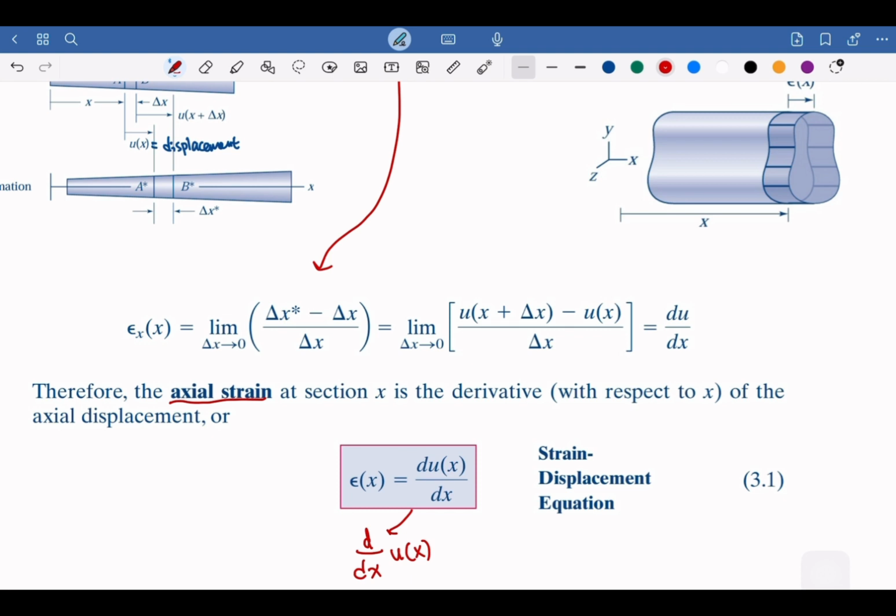If we bring ux as a function of x, then the definition for the strain will be the derivative of that ux. This term is also called the strain displacement equation.